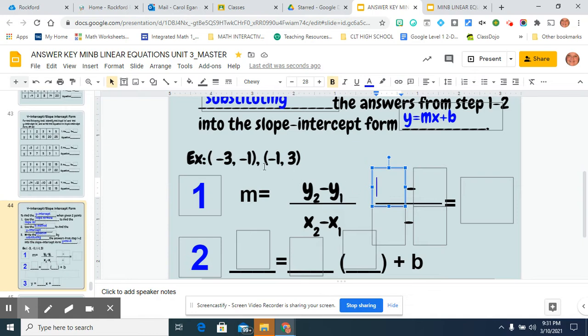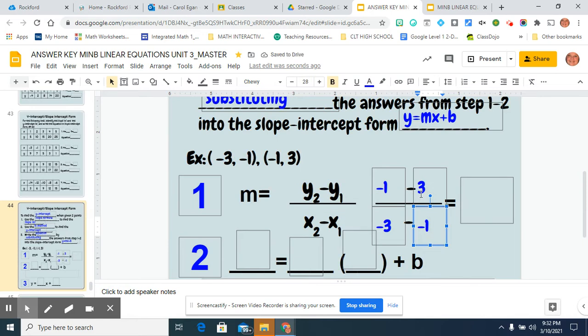So y2 is going to be -1, and x2 is going to be -3. y1 is going to be 3, and x1 is going to be -1.